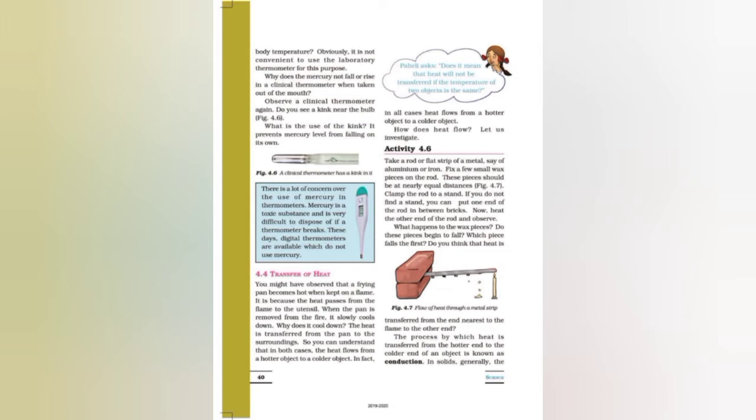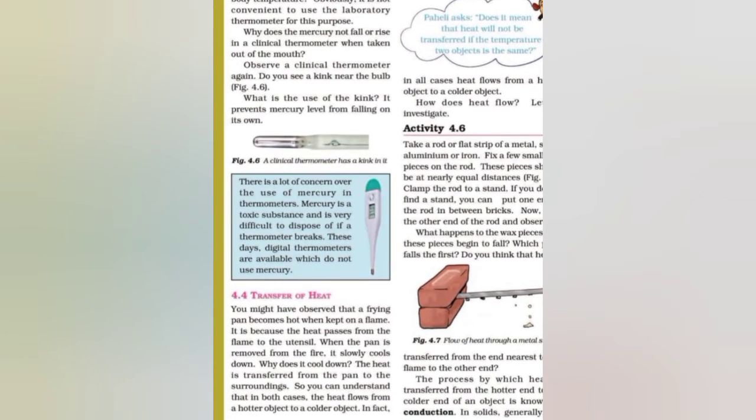Transfer of heat. You might have observed that a frying pan becomes hot when kept on a flame. It is because the heat passes from the flame to the utensil. When the pan is removed from the fire, it slowly cools down. Why does it cool down?